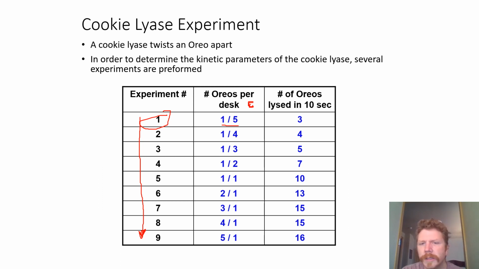If you look at this data, as we increase our concentration, starting at experiment number 1, our rate begins to increase, and it will continue to increase until we get to about experiment number 7. At experiment number 7, and then experiment numbers 8 and 9, if you look at the rate, what you'll see is that the production actually kind of tapers off.